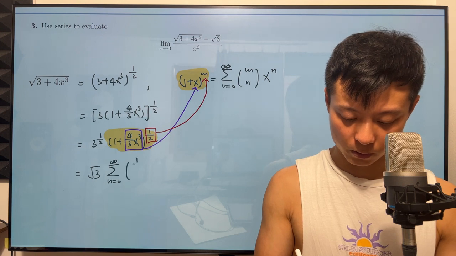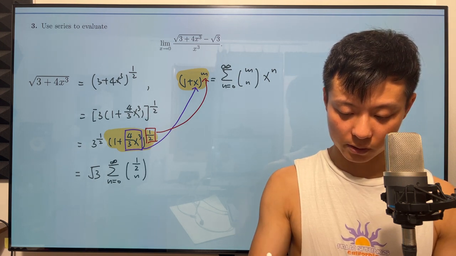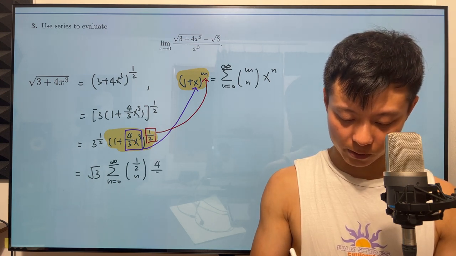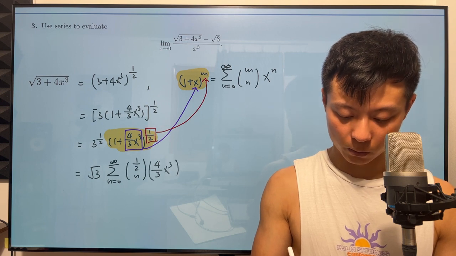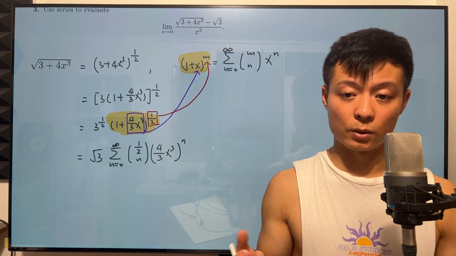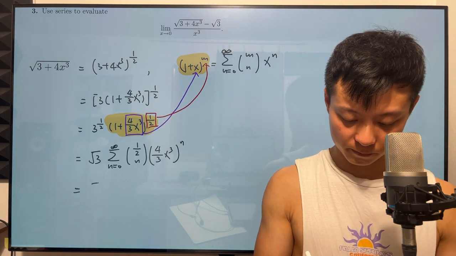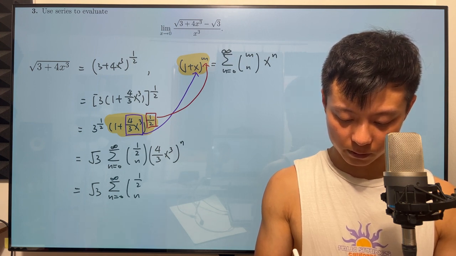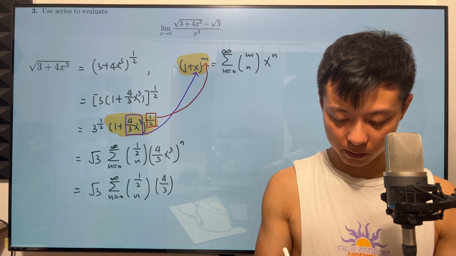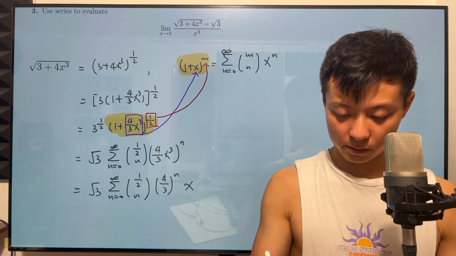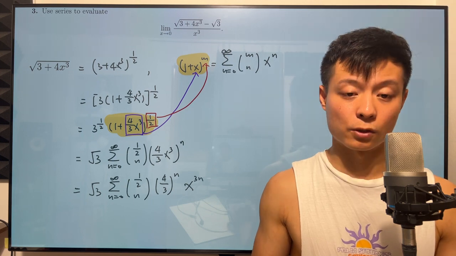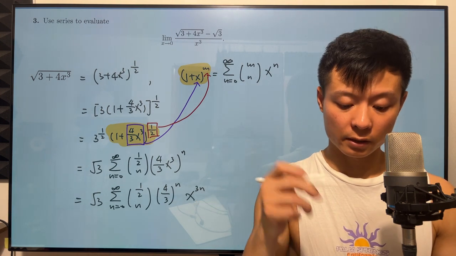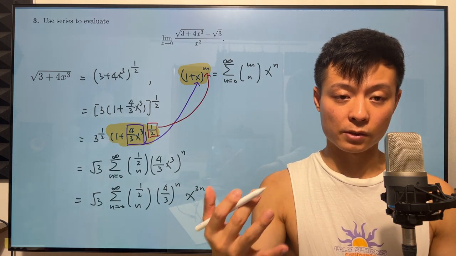So we're gonna write (1/2 choose n), and then x is gonna be this one, (4/3 x cubed) raised to the power n, which we can simplify as (1/2 choose n) times (4/3) to the n times x cubed, that is x raised to the power 3n. Okay, so far we have successfully written this out by using Taylor series.